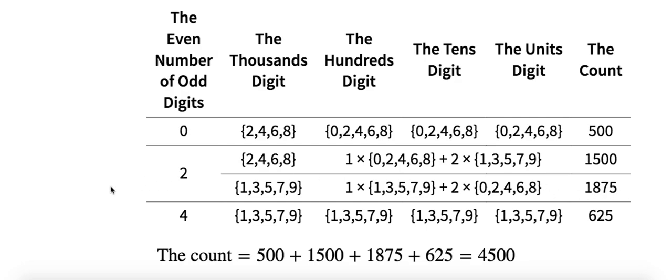In the case of 4 odd digits, we have 5 options for each of the 4 digits. So the count is equal to 5 times 5 times 5 times 5.